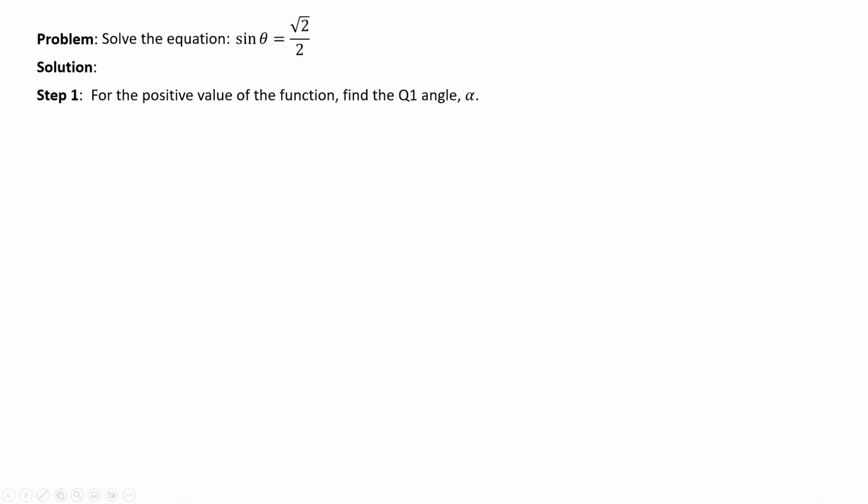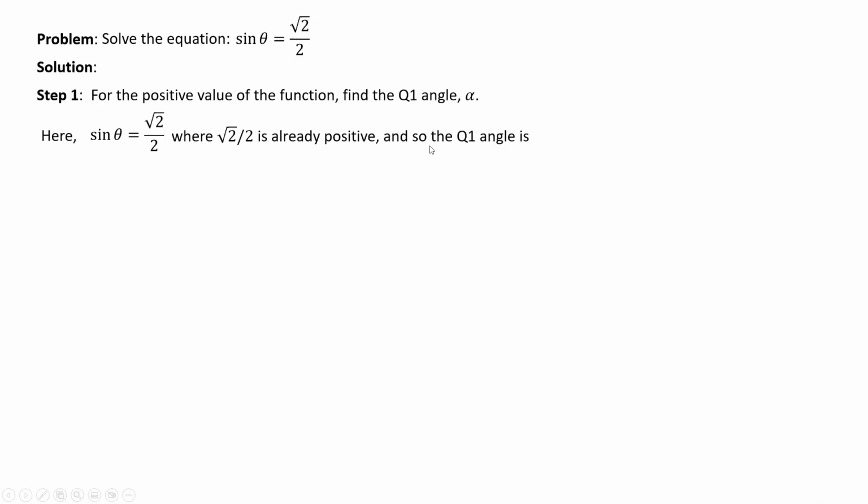So find the Q1 angle, first quadrant angle, for which sine of alpha is equal to positive square root of 2 over 2. And the answer is, like I said, 45 degrees or pi over 4. So here sine theta happens to be already square root of 2 over 2, where the value of the function is already positive.